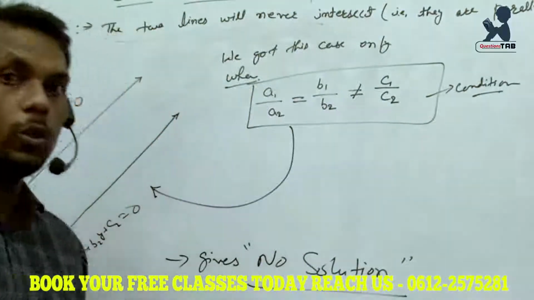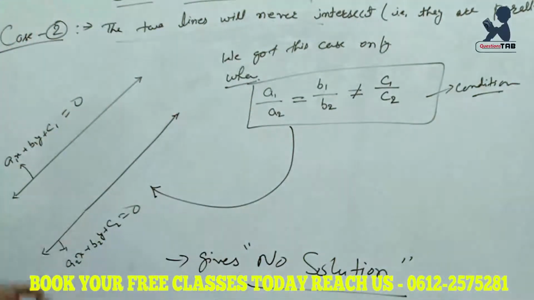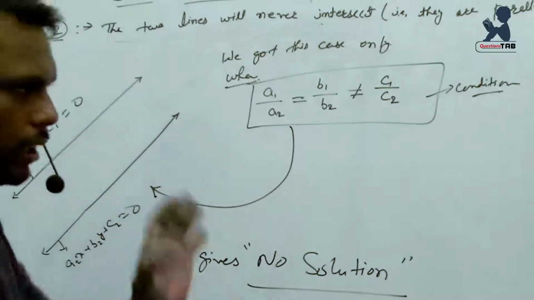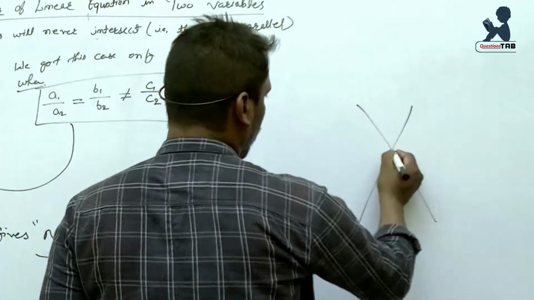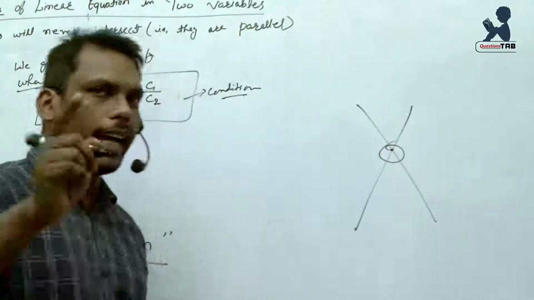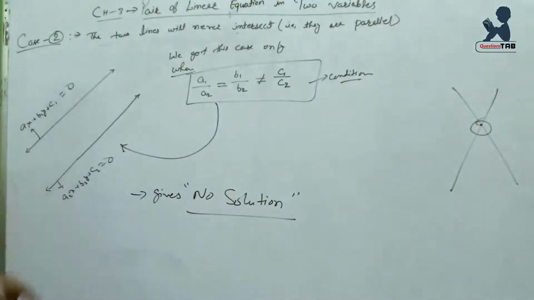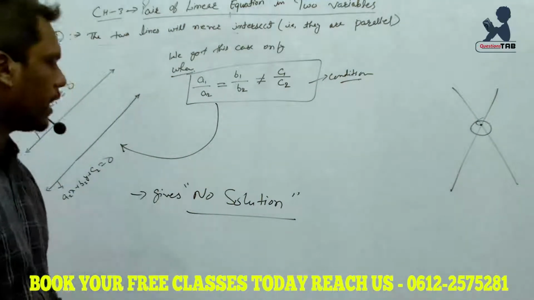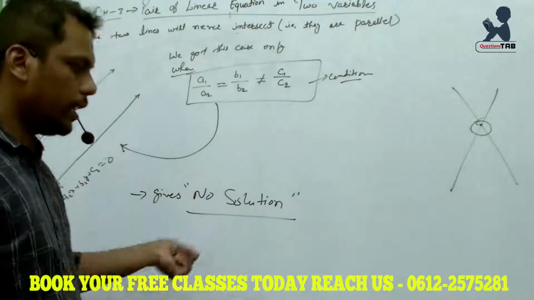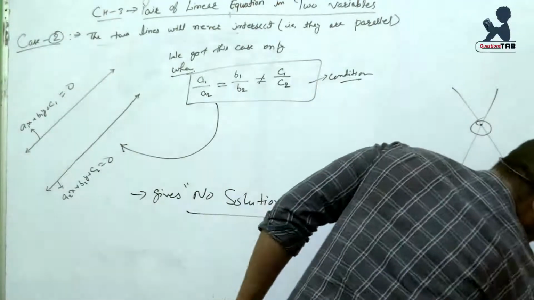In the first case we saw that if two lines cut, then we got our solution, but here these lines never cut each other, so we can't find any type of solution in this case. Let's see some examples of this case.